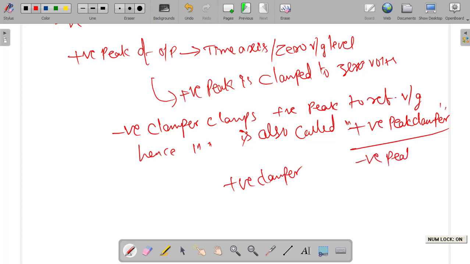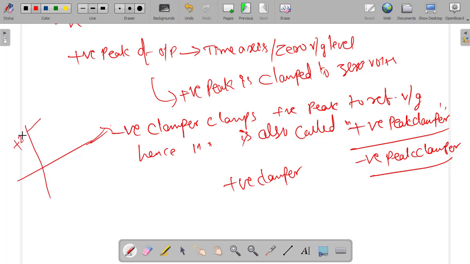So after this, you might know without even studying how the positive clamper will be. Sorry, how will the positive clamper be? The negative clamper output was like this. So what will the positive clamper be? Whenever it is plus Vm, the output will be plus 2 Vm. And whenever it is minus Vm, it will be brought to 0.